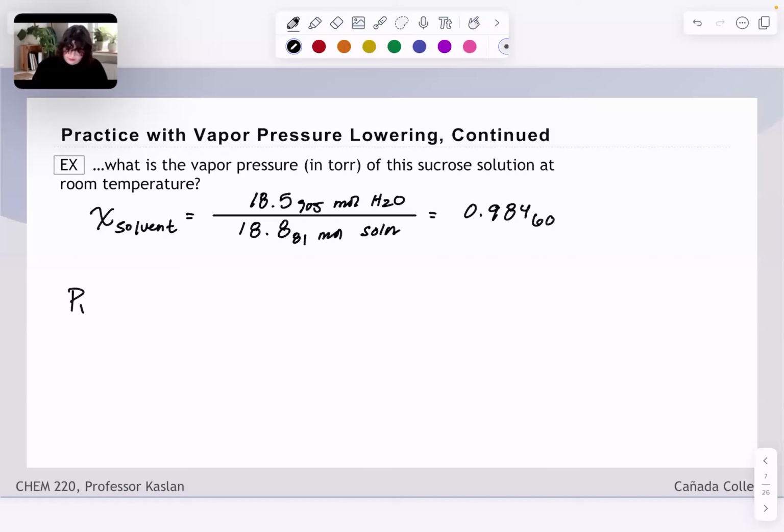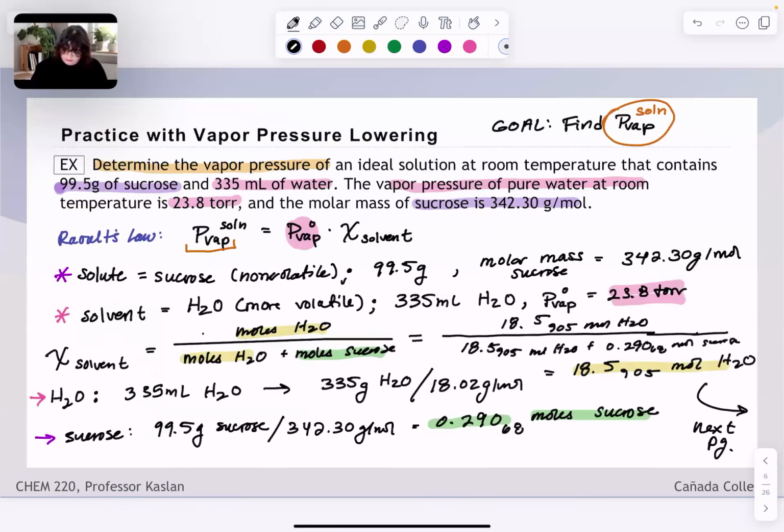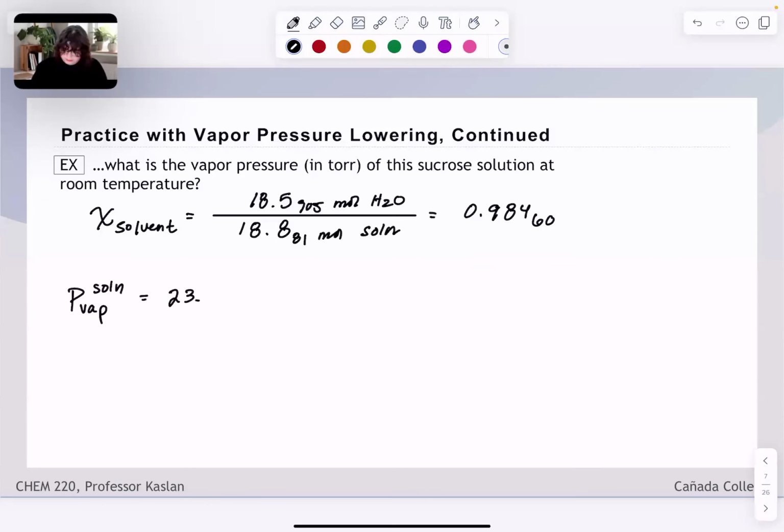So now, according to Raoult's law, the vapor pressure of solution should be equal to the vapor pressure of the pure solvent before any solute is added. So that was our, what was it, 23.8 torr, times our mole fraction of solvent. So take that product.